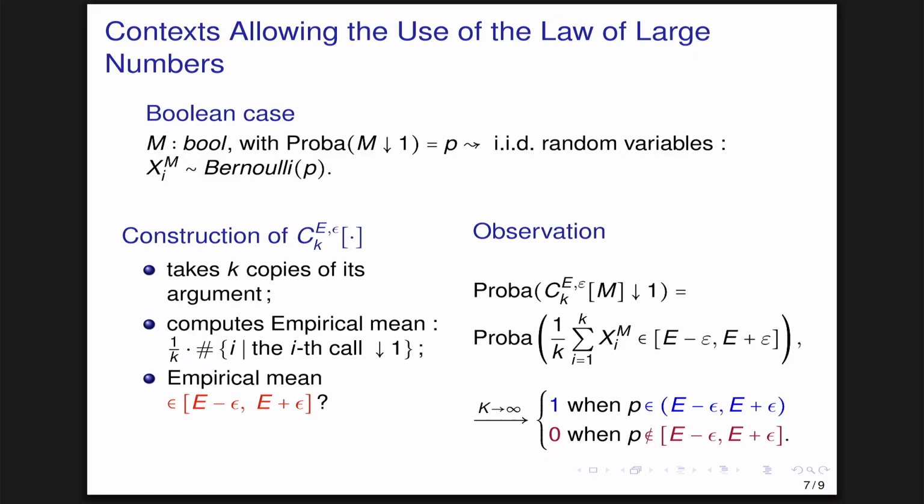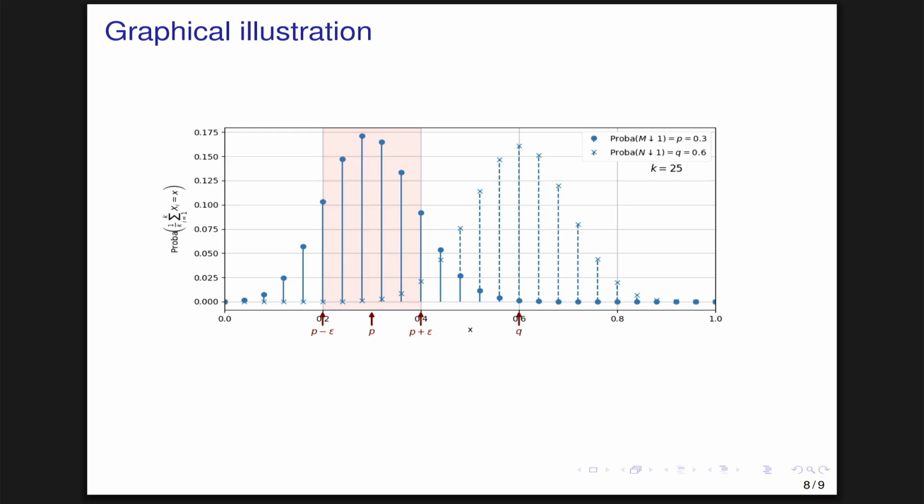And so for two programs M and N, here we have a graphical illustration. If we consider a program M with expected value p and a program N with expected value q, different expected values, so here M and N are not contextually equivalent.